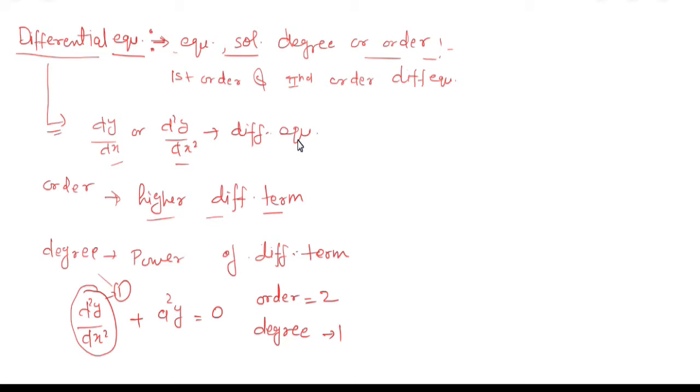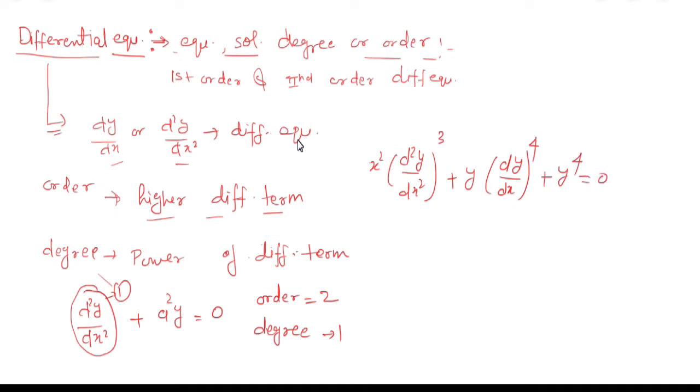Now again consider another equation: x square (d2y by dx square) whole cube plus y (dy by dx) whole power 4 plus y raised to power 4 equal to 0.